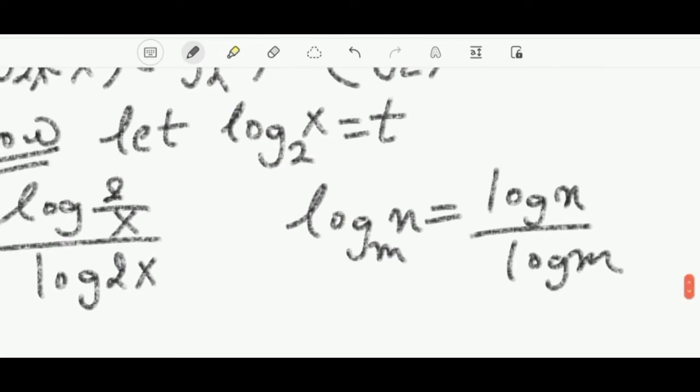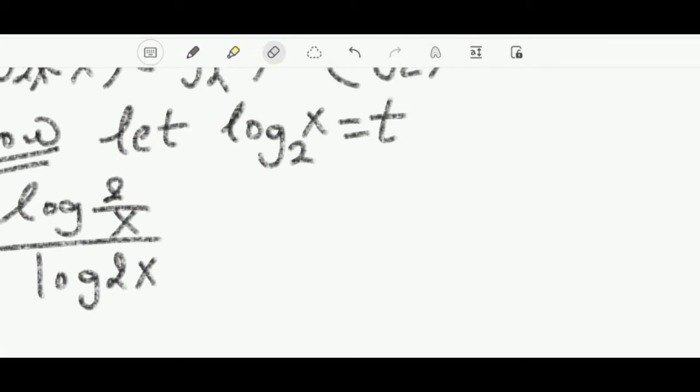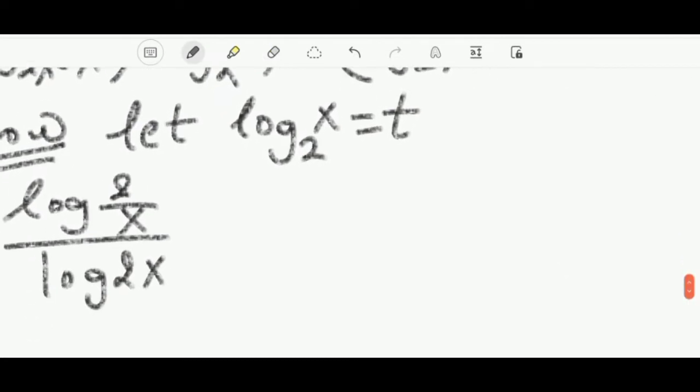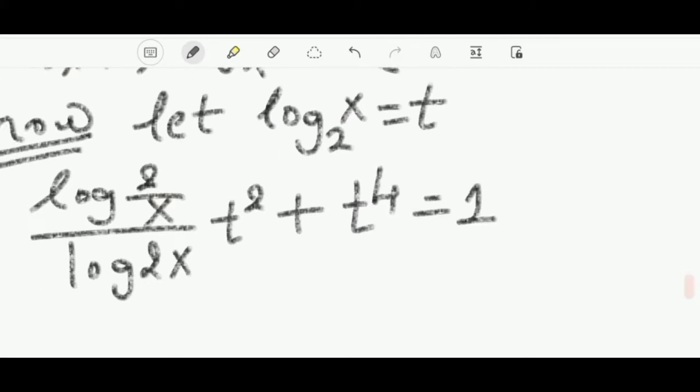So I use this property of log over here, and now further we can replace this by t square plus t raised to the power 4 equals 1.